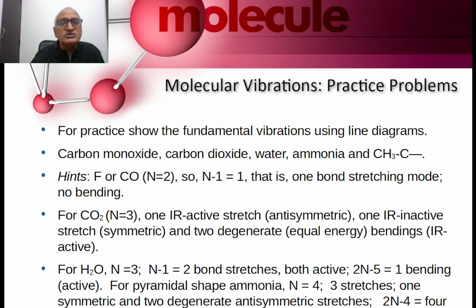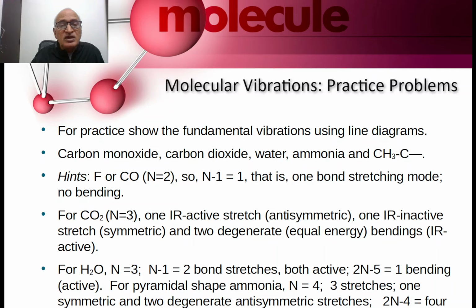For practice, we have taken up some examples: carbon monoxide, carbon dioxide, water, ammonia. Here one very important point I want to raise. For carbon dioxide, there are two stretching vibrations and two degenerate bending modes.